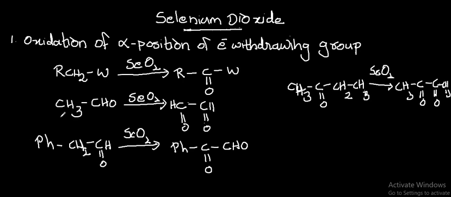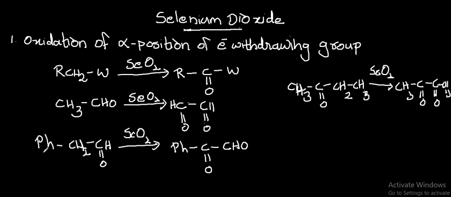For example, CH3CHO. Here the withdrawing substituent is CHO. It undergoes Riley oxidation. What will be the product? The alpha position of the electron withdrawing substituent, that is the CH3 group, gets oxidized into aldehyde, CHO CHO.